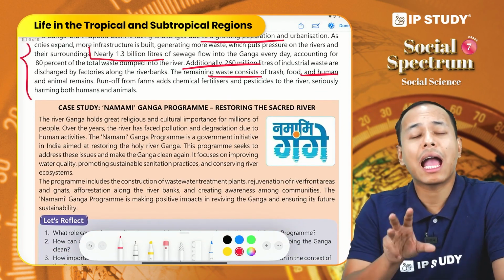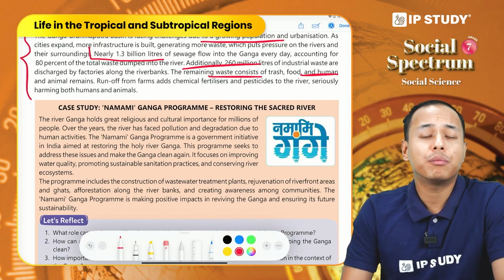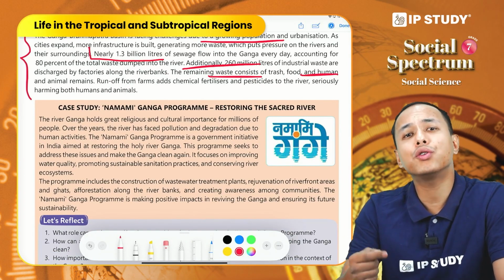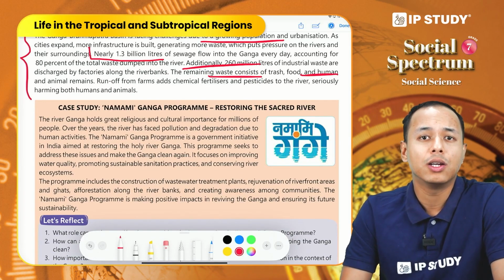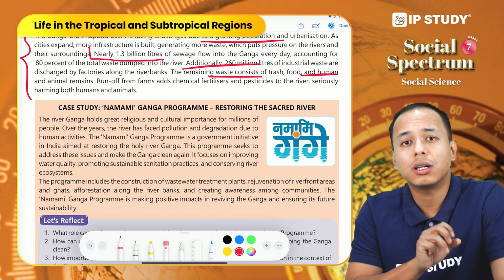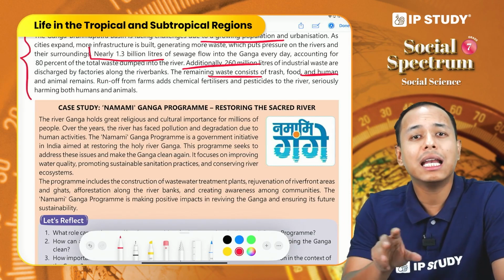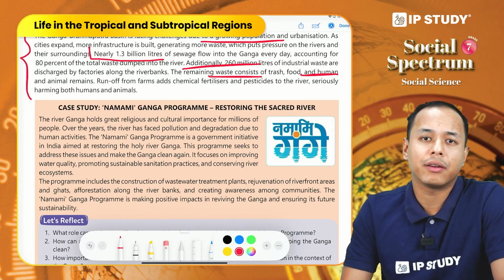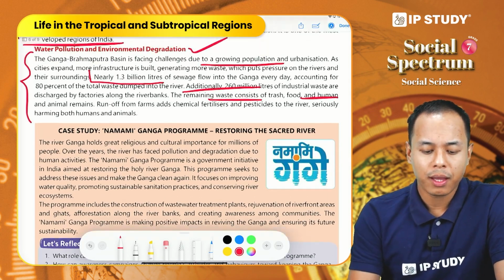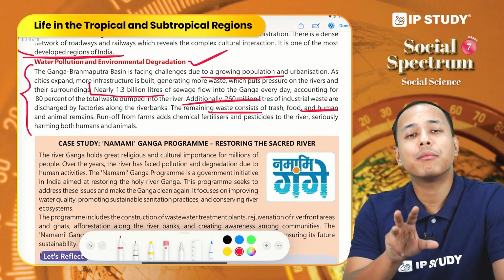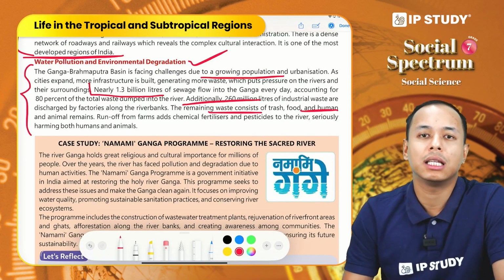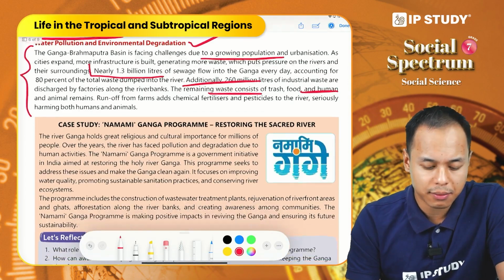Apart from this, agriculture also contributes to the pollution, because when we cultivate crops, we also use fertilizers and pesticides. So these fertilizers and pesticides mix with the rainwater or the surface runoff water and ultimately drain into the river, thus polluting the Ganga river. Okay, so the water pollution and environmental degradation is critical or very immense in the Ganga-Brahmaputra basin.